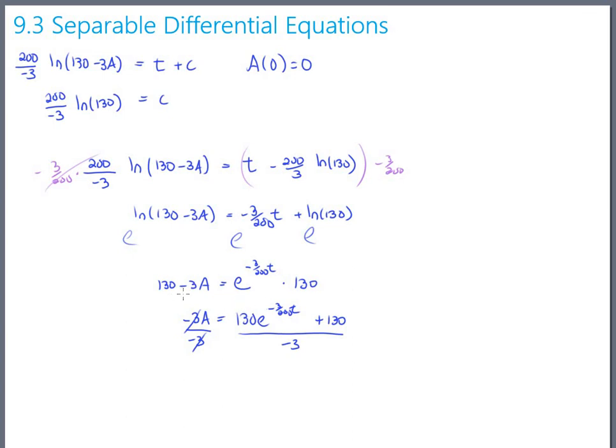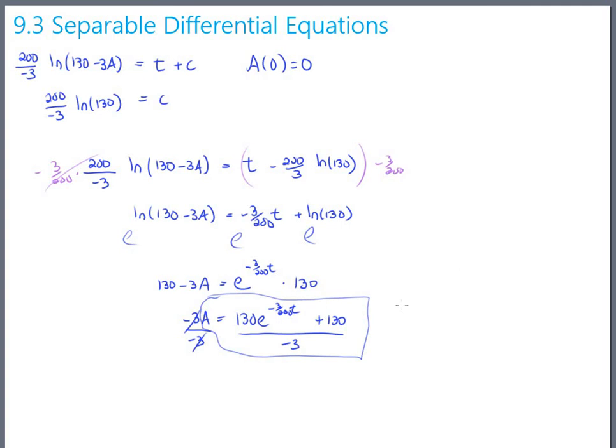So there finally is my function that describes the amount of salt in the tank at any given time. And we can use that to answer the one question they asked about plugging in 60 for time.